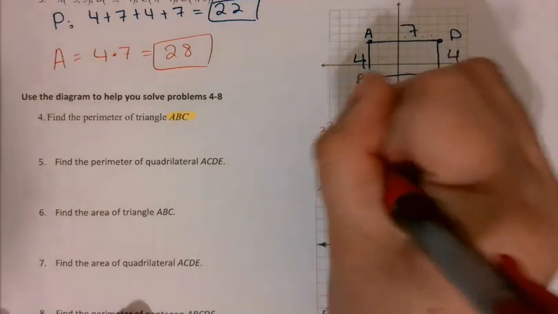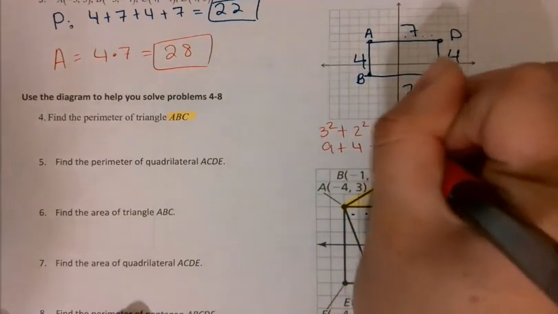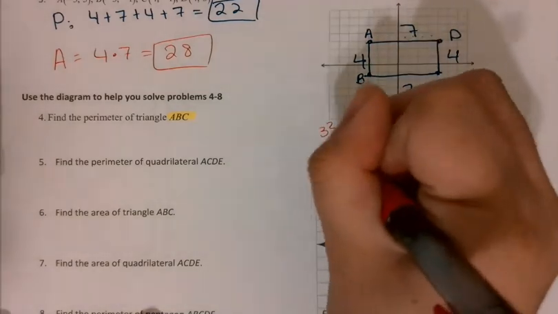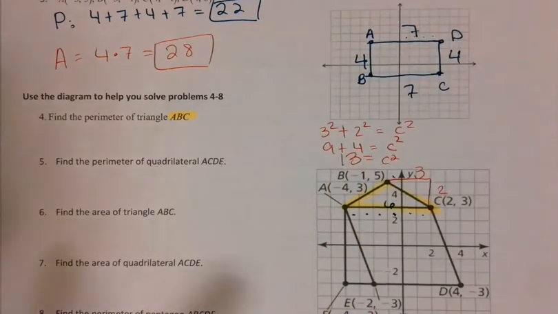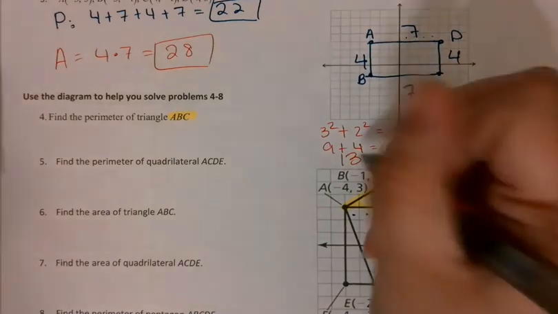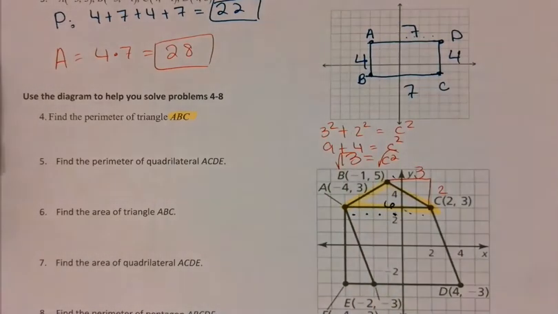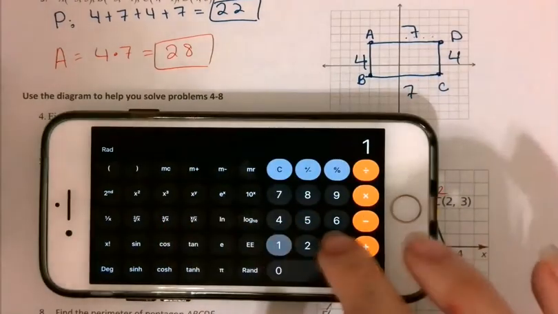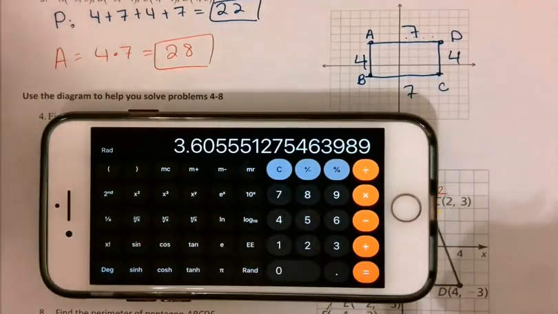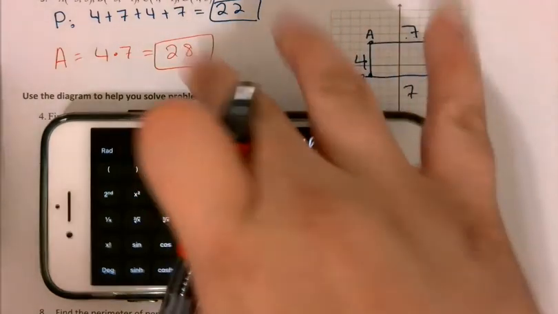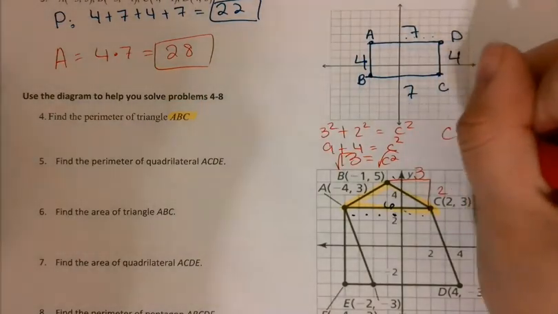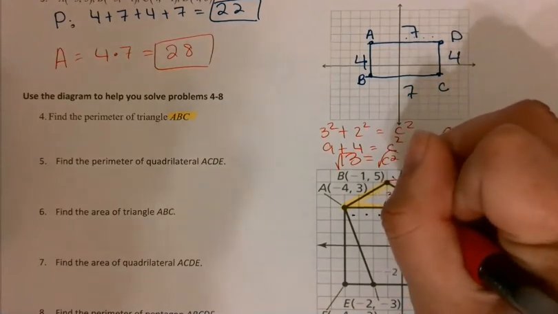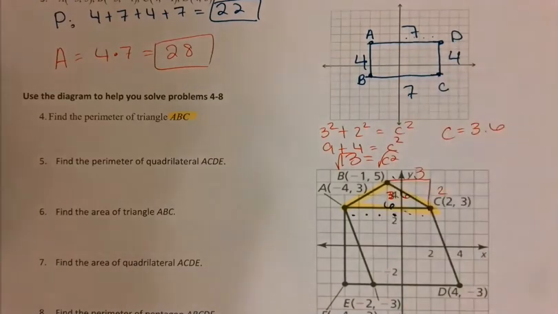3 squared is 9, 2 squared is 4. Still equals c squared. 9 plus 4 is 13. Then I want to take the square root of both sides. Type 13 first, then I type square root on a phone calculator. It's going to be 3.6. Okay.